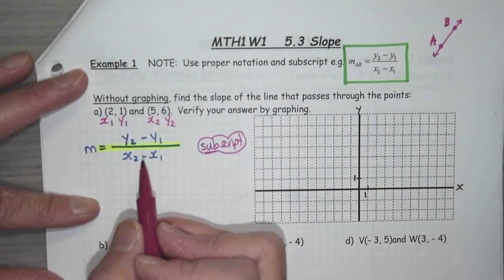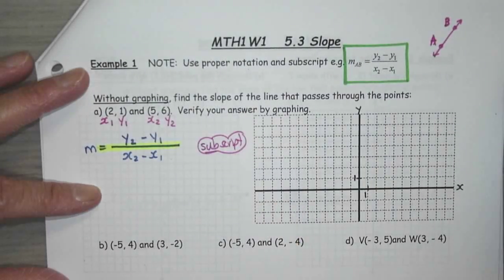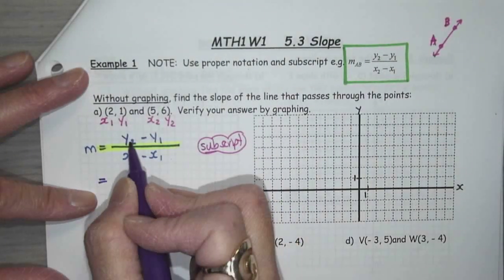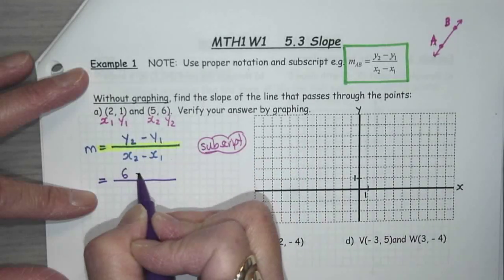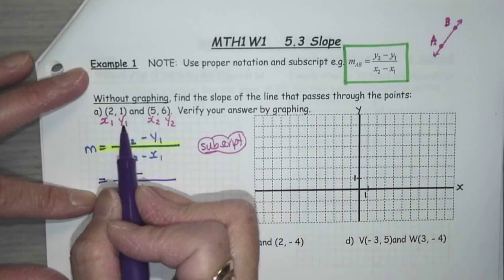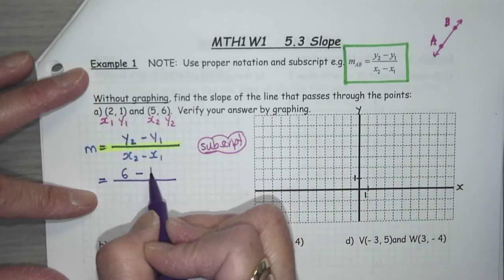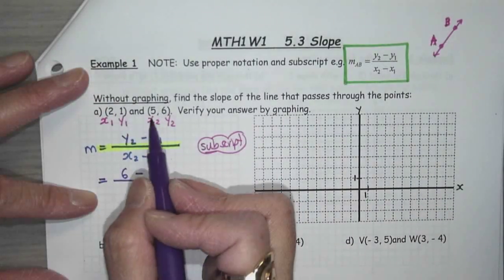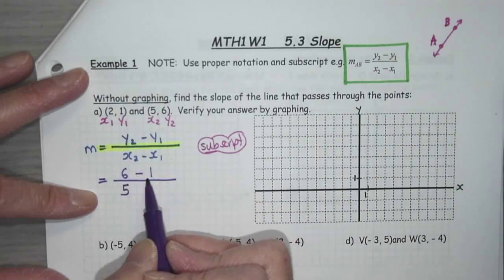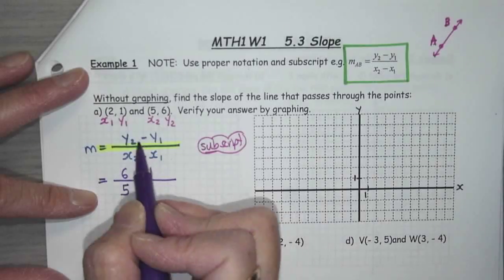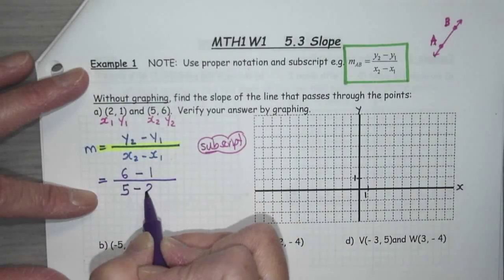And we're going to sub it in. y2 is 6, minus y1, which is here, 1. x2 is the 5, so 5. And then x1 is here, 2, minus 2. It's always minus.